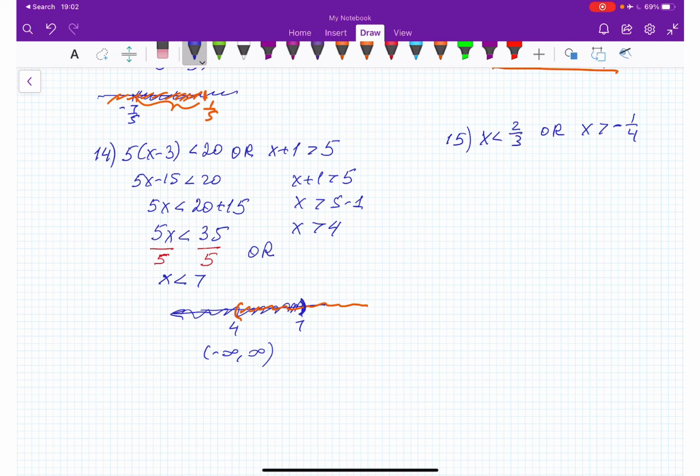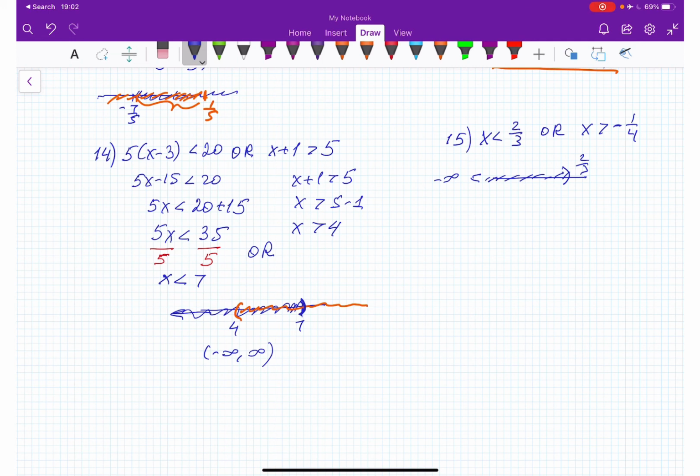All right. There is nothing to solve. It's just a given inequality. We need to find the answer. So let's draw the graph. Graphic notation. 2/3. So it's going all the way to negative infinity.